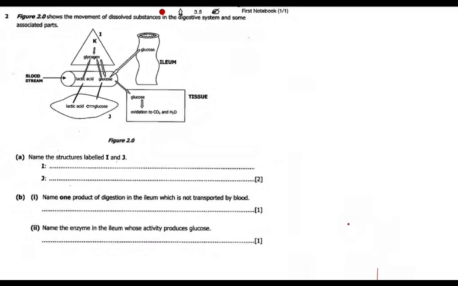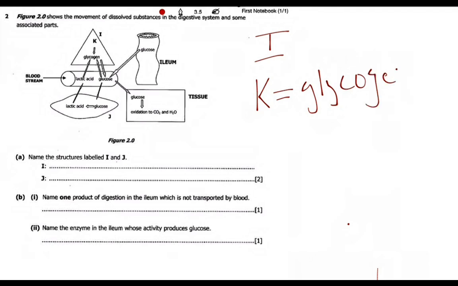So how do we identify what structure is I? We can see that for I, you have a substance K that is being turned to another substance that we call glycogen.